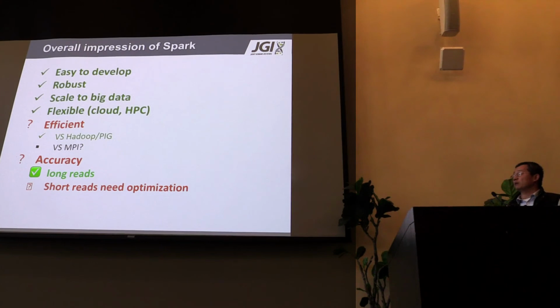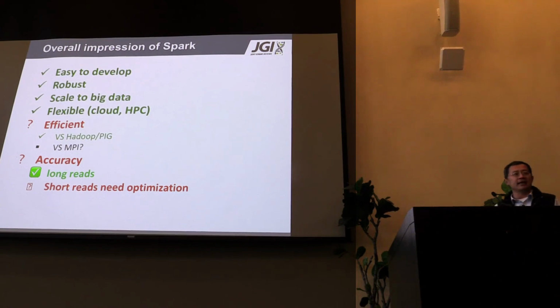One of the most impressive features is its flexibility. We developed it once, and we can run it on the cloud or on HPC without any change to the code. We did have to change some of the configurations of the HPC cluster, but other than that, the application just ran. As for how efficient this is compared to Hadoop, we know it is definitely at least 10 times faster or even more, though we haven't compared to a Hadoop solution.